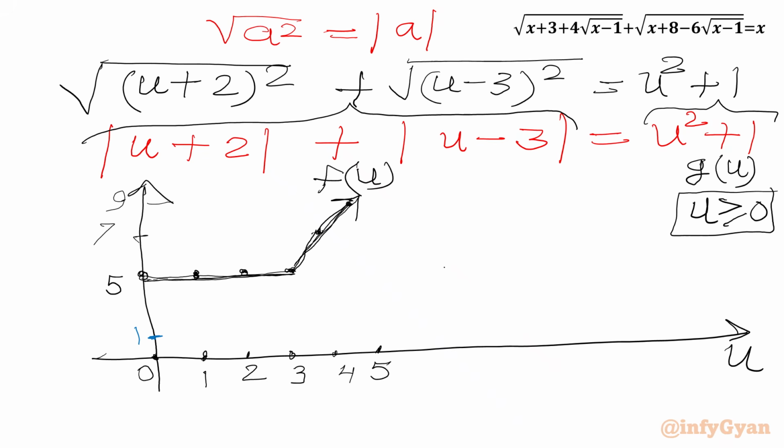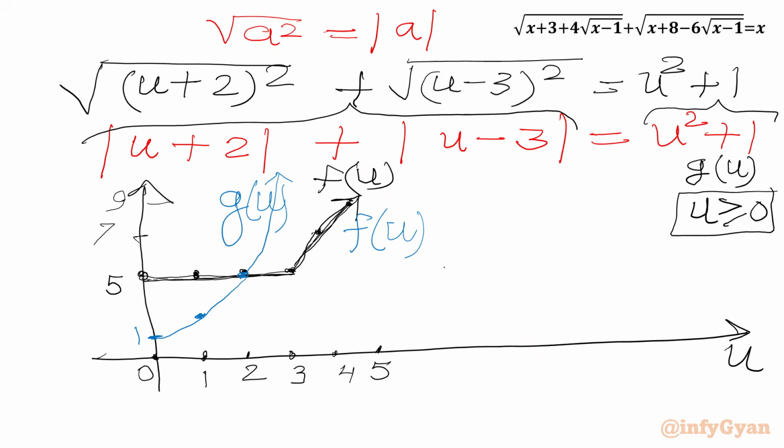At u equal to 2, value is 4 plus 1, 5. So this is a parabola beginning from the point y equal to 1, intersecting the curve of f(u) at u equal to 2, and then reaching towards infinity.